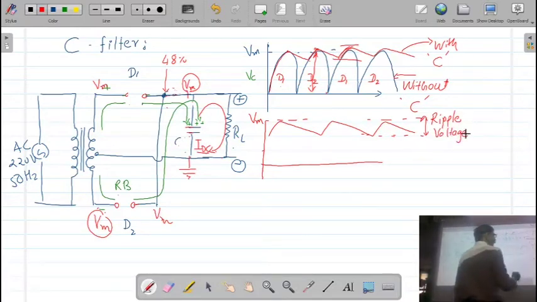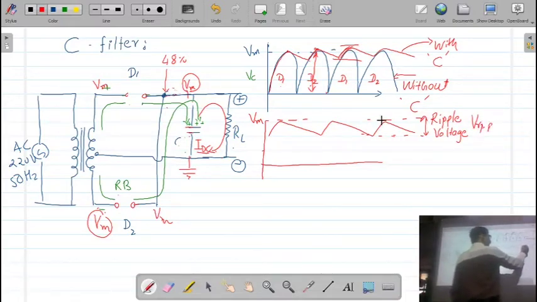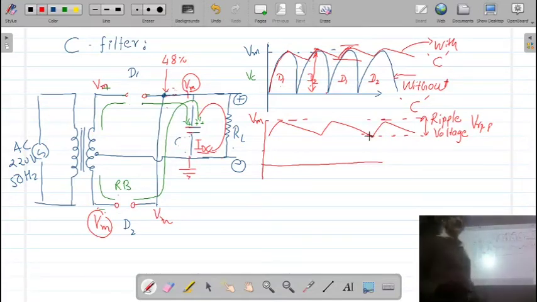And we are representing this as VR peak to peak. Remember, because we are measuring this voltage from this peak to this peak. So it is VR peak to peak.